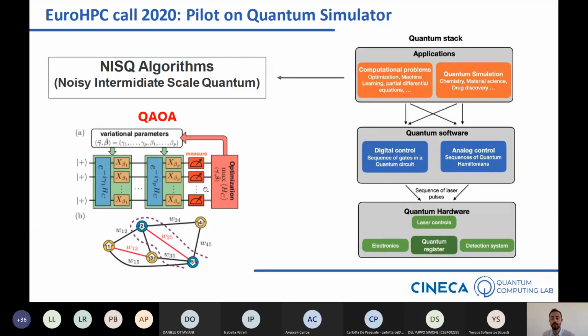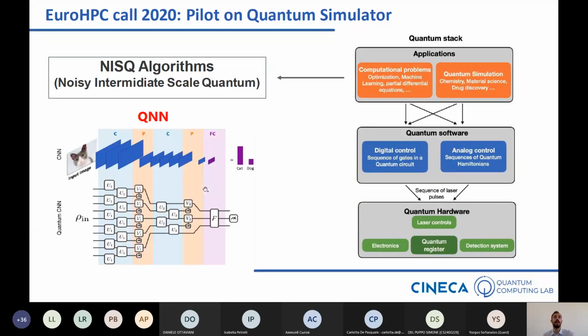quantum devices. Then we have quantum neural networks, which we are going to see in more detail tomorrow. Here you have different proposals to realize something similar to what neural networks do, but on a quantum computer.